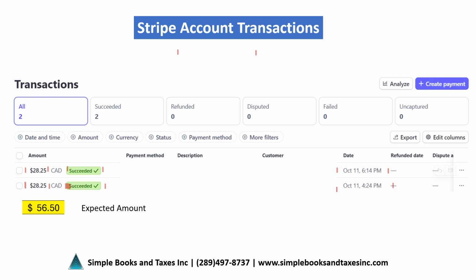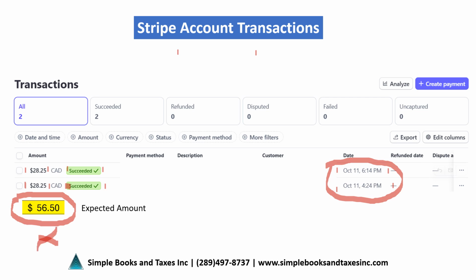So normally we are going to expect to receive the total amount of both invoices on October 11, 2024, while in reality this amount will not be received in total. And of course, the day that we are going to receive the cash in the bank will be much later than October 11, 2024.